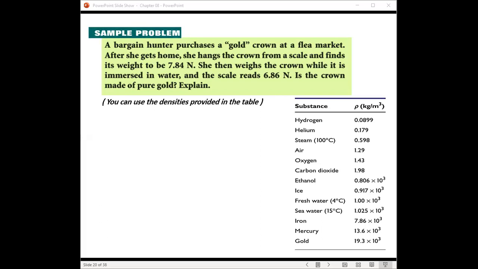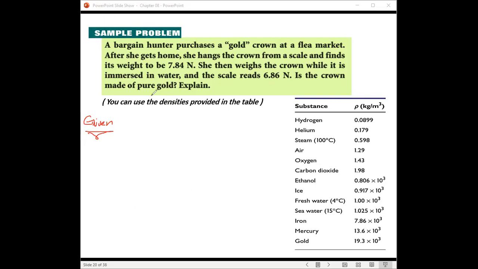Go ahead, Omar. Yes, Mister. First, the given is the real weight. Excellent, thanks to Omar. This is the real weight. So he didn't mention that this is the weight in air. But she gets home.